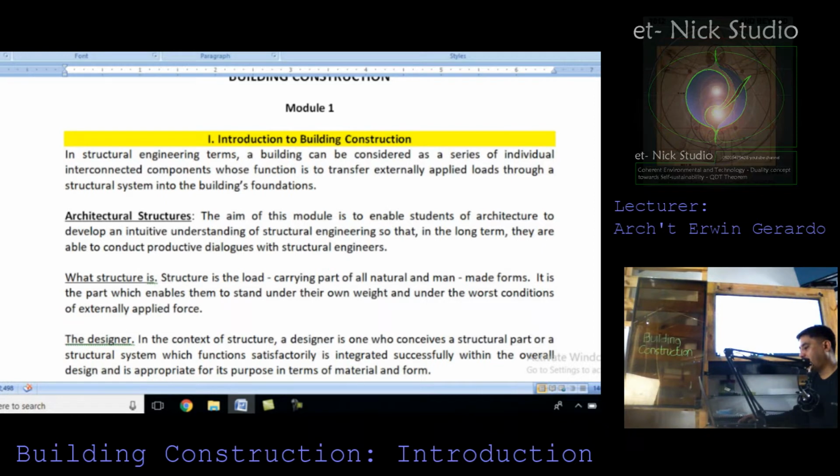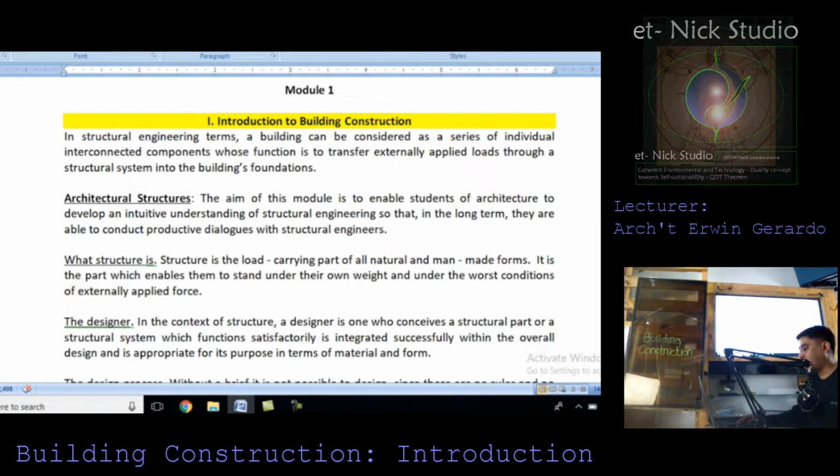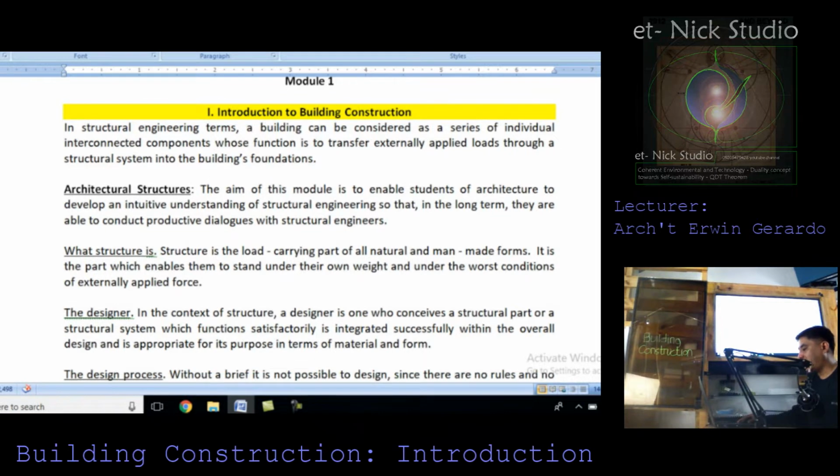In the context of structure, a designer is one who conceives a structural part or a structural system which functions satisfactorily, is integrated successfully within the overall design, and is appropriate for its purpose in terms of material and form.